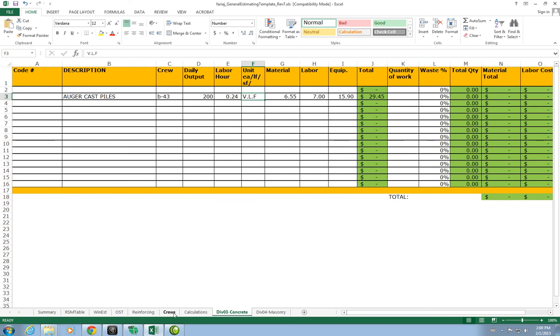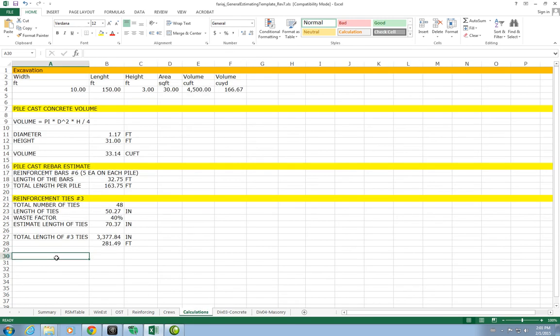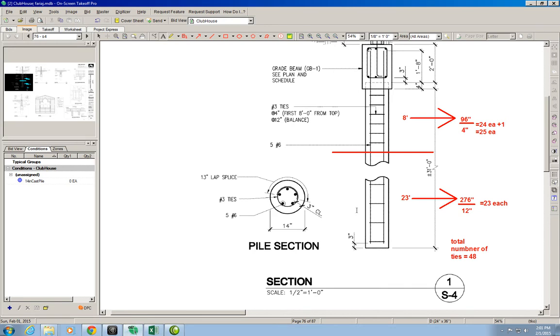So if we want to have the vertical linear feet, we need to multiply the number of items that we got from On-Screen Takeoff, multiply that by the vertical linear feet that we are drilling on each pile.